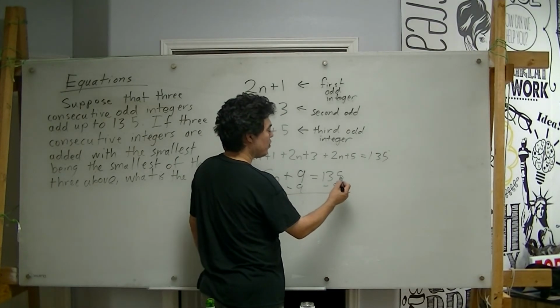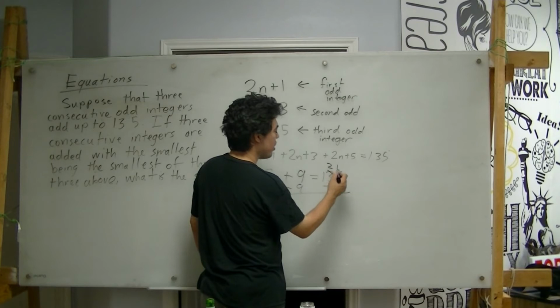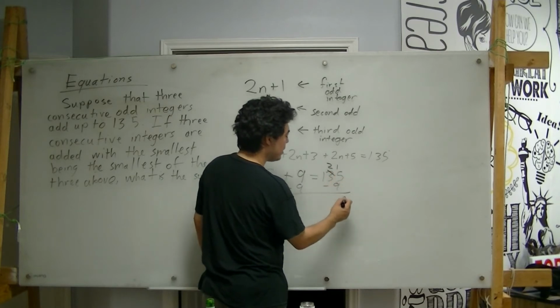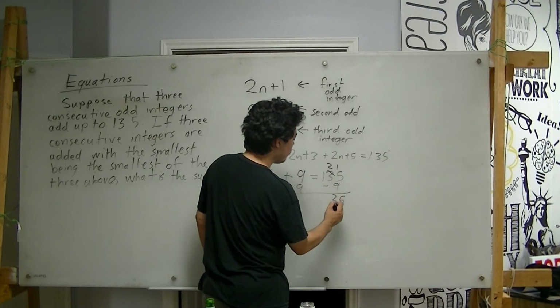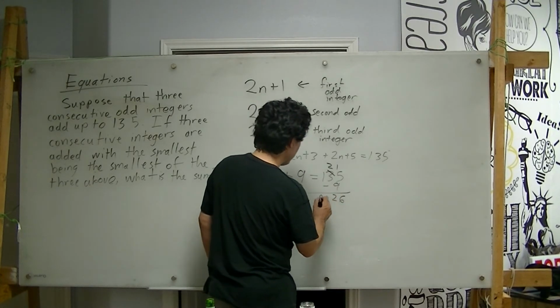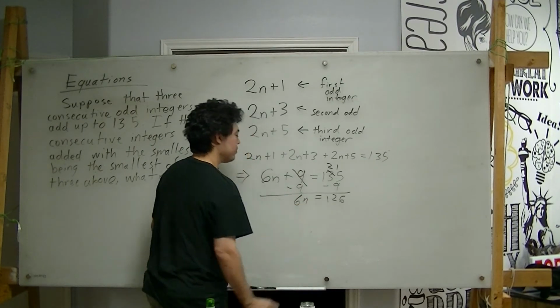135 minus 9, how would we do it? Well, 5 minus 9, we can't do it. So we borrow from the 3, leaving us a 2 here, and a 15. 15 minus 9 is 6. 2 minus 2 is 0, and then 1, we bring that down. This is equal to 6n.